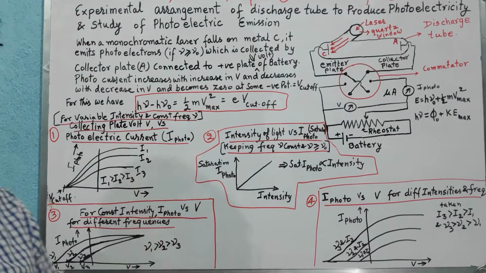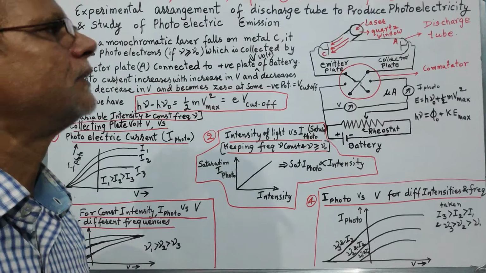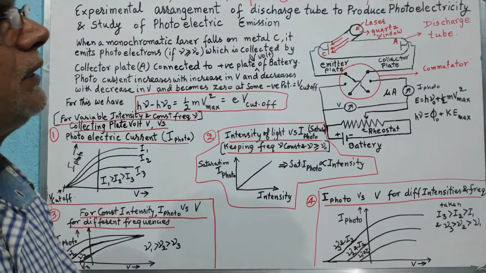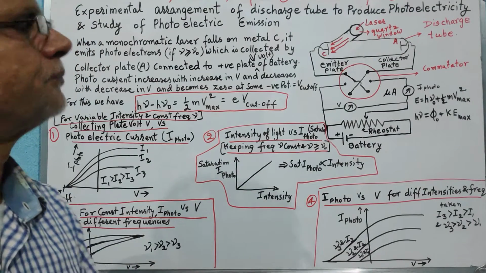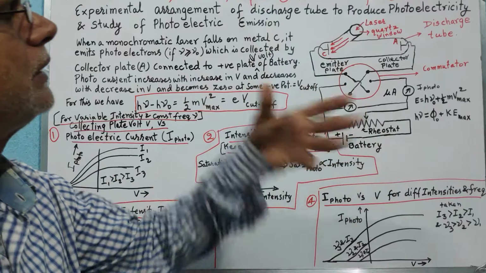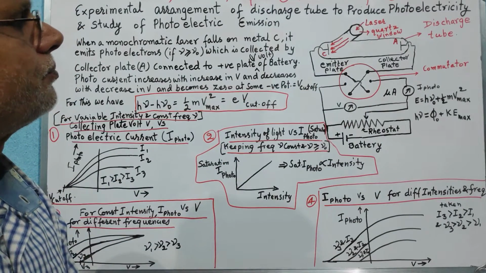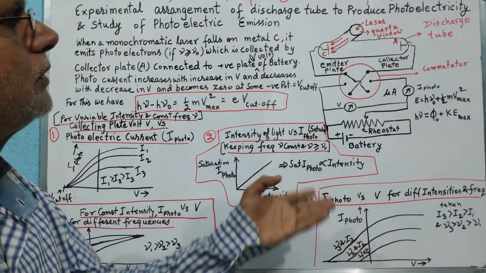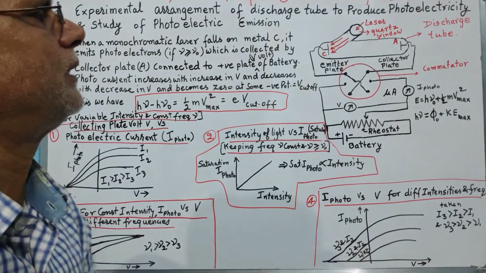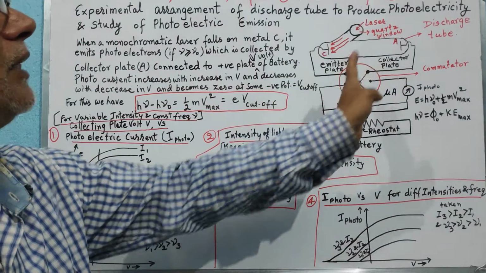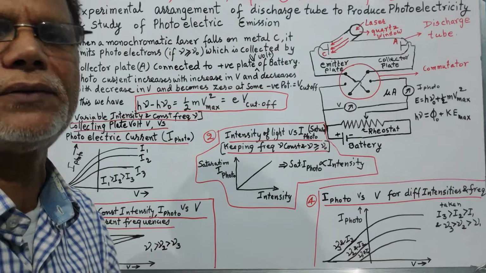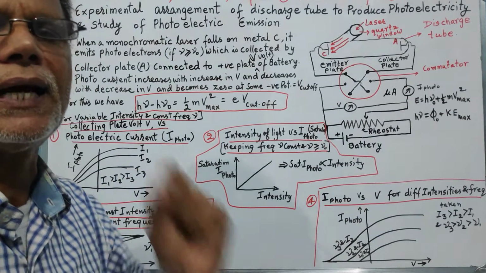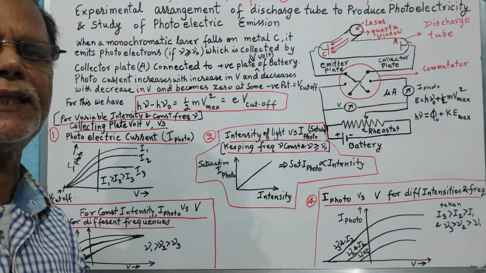Once you have collected all the electrons emitted, there is no longer any scope for an increase in current. Even if you increase the collector plate voltage, the number of electrons reaching the collector plate will remain unchanged, and therefore the current will also remain unchanged.